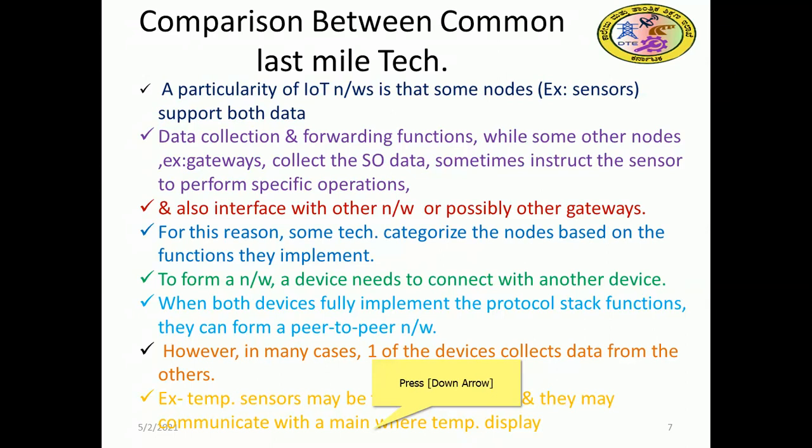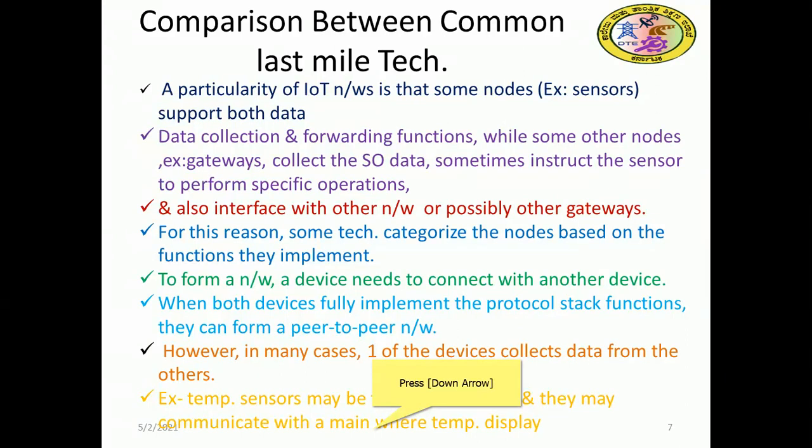For example, consider a temperature sensor fixed in each room. Consider a building in which multiple rooms are there. Each room has a temperature sensor. They may communicate with the central server where the temperature is displayed.